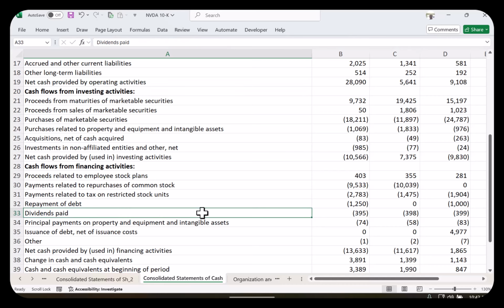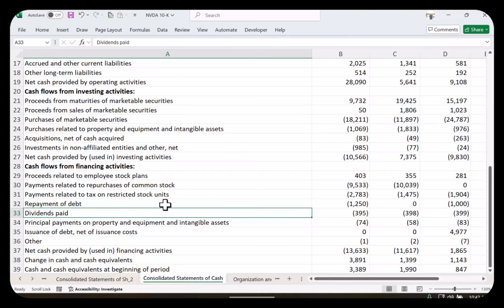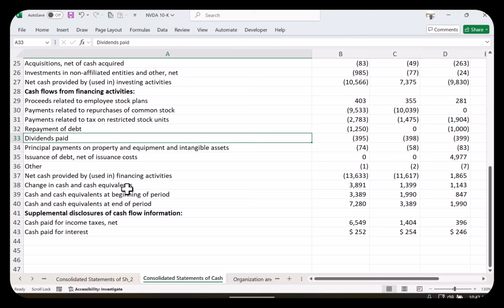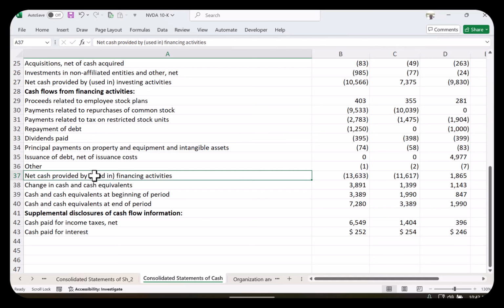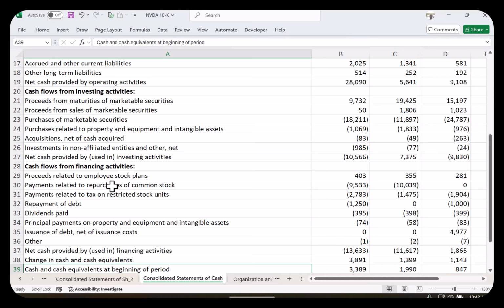I mean, there were some dividends, but not much. Let's see. What is the repurchase stuff? Oh, right here.